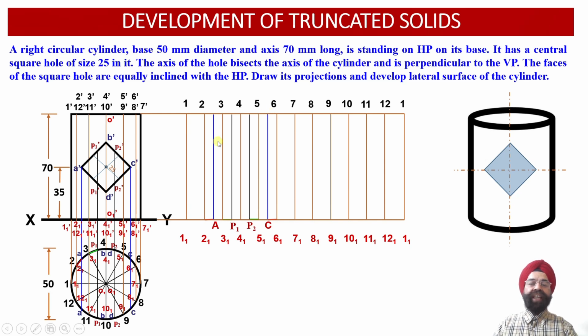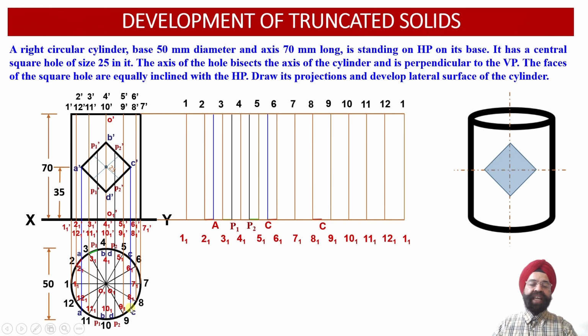So the 4 additional vertical generators, 2 blue ones corresponding to the points A and C, and 2 black ones corresponding to the points P1 and P2, we have been able to locate. Now, the same procedure we have to follow to identify and locate these 4 vertical generators corresponding to the front face of this particular development surface.